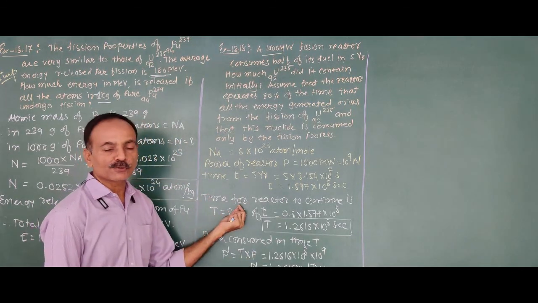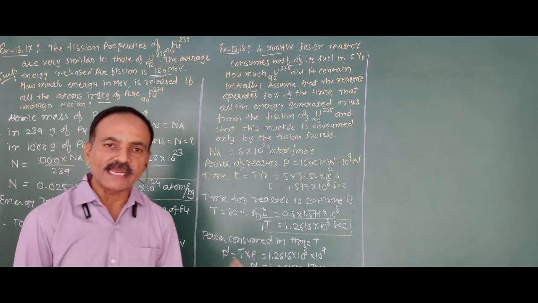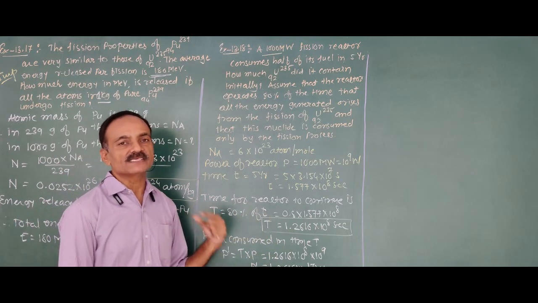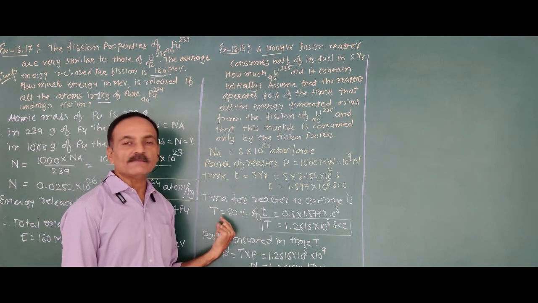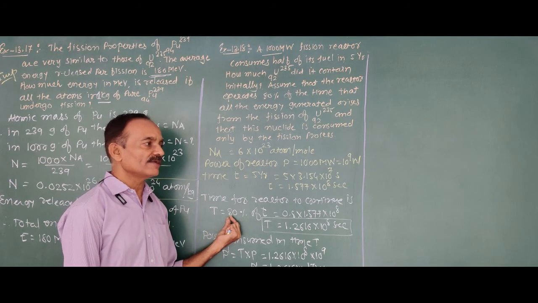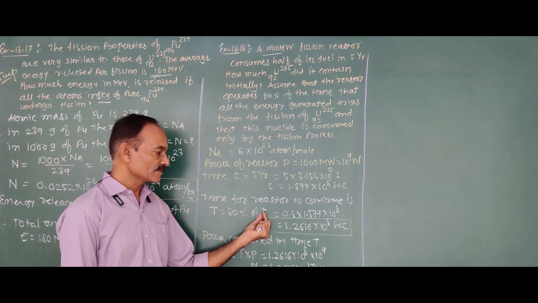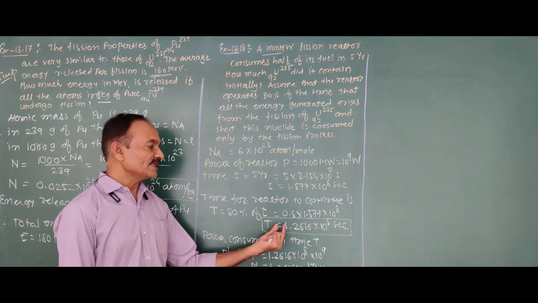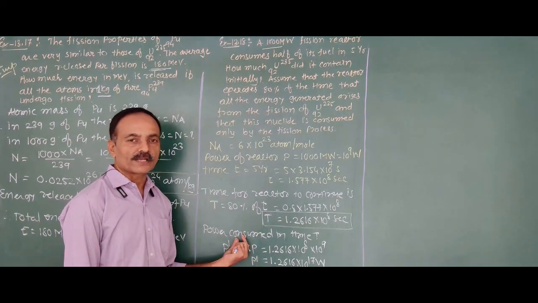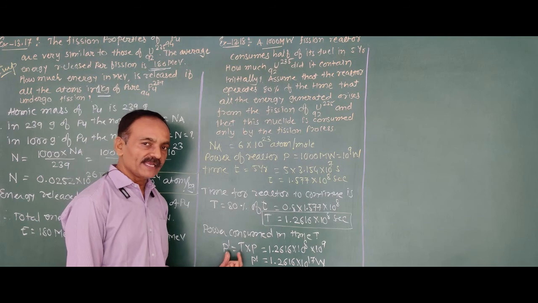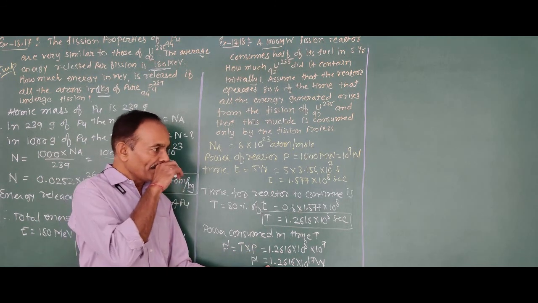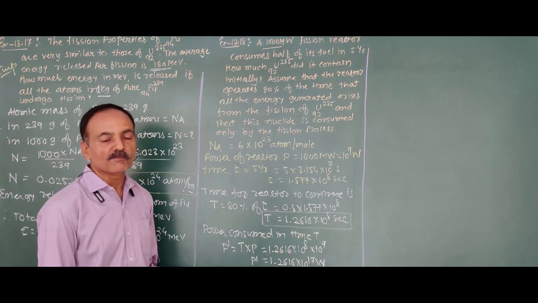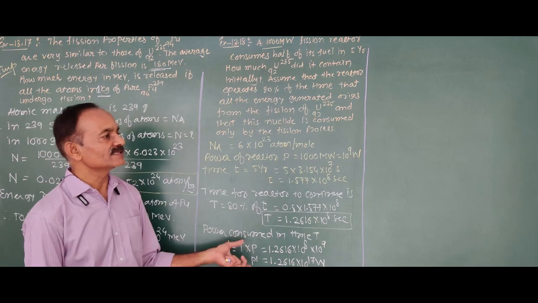Now the time for the reactor to continue: the reactor is continuous only 80% of the time, while 20% of the time it is switched off. Therefore, T is equal to 80% of small t, which is 1.2616 into 10 to the power 8 second. During the time the reactor is on, how much is consumed? So P dash is equal to T into P. Therefore, 1.2616 into 10 to the power 17 is consumed while the reactor is switched on.